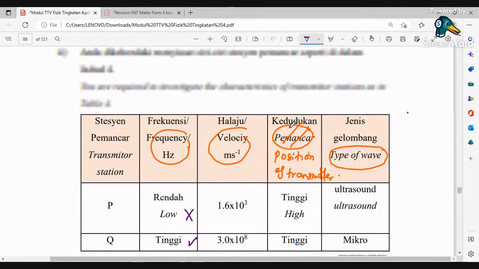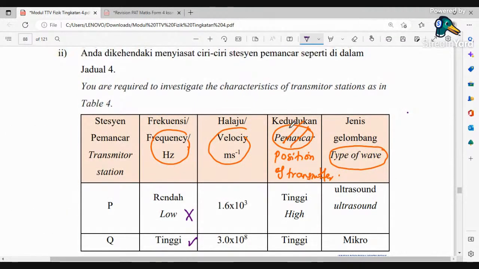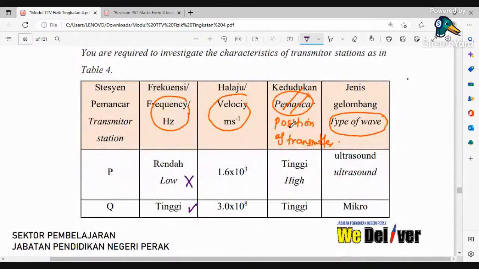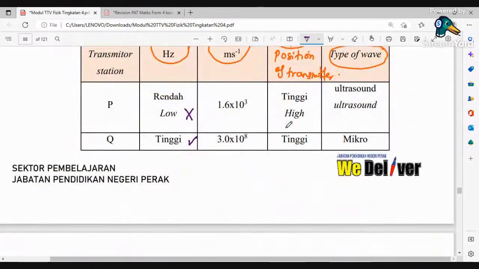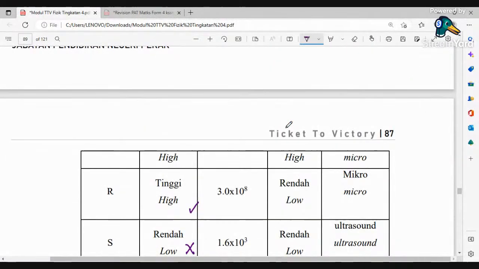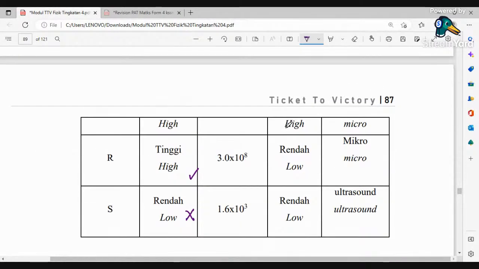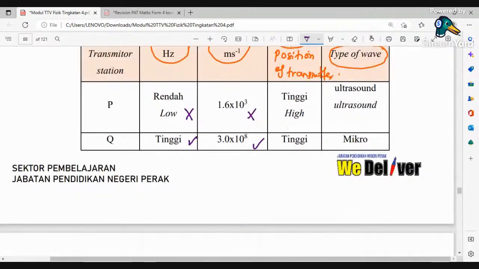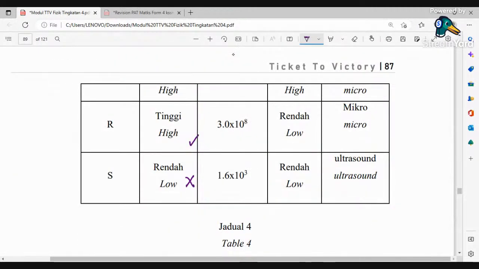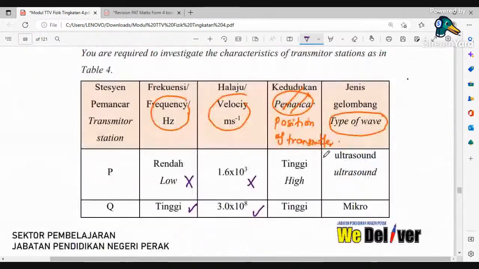Okay. And then velocity also must be high so that it travel faster. I will remove the one which is lower. I just choose two which is higher. So I remove this one. Same as speed of light. That one is the highest speed or velocity.